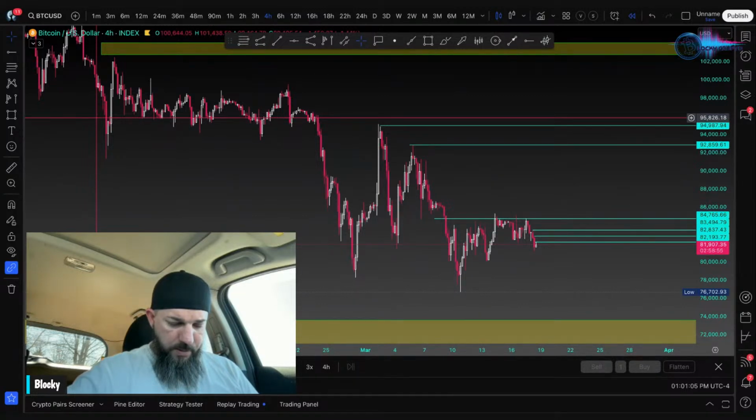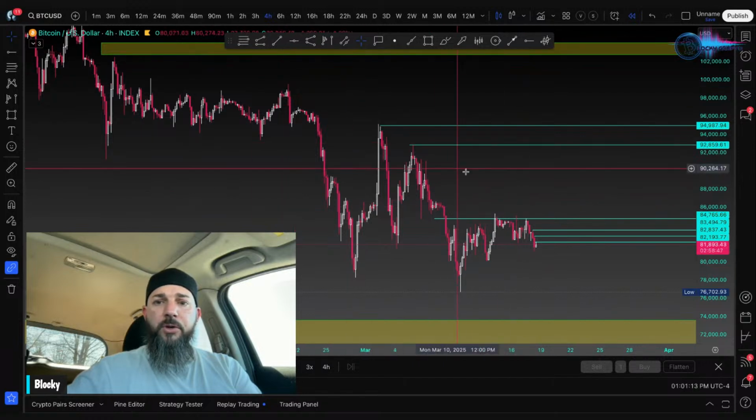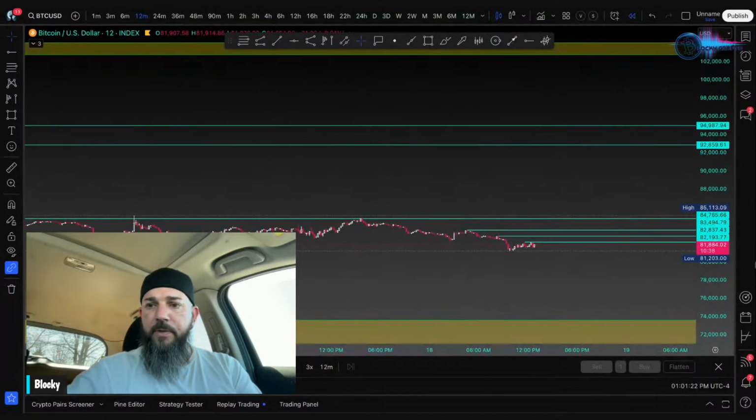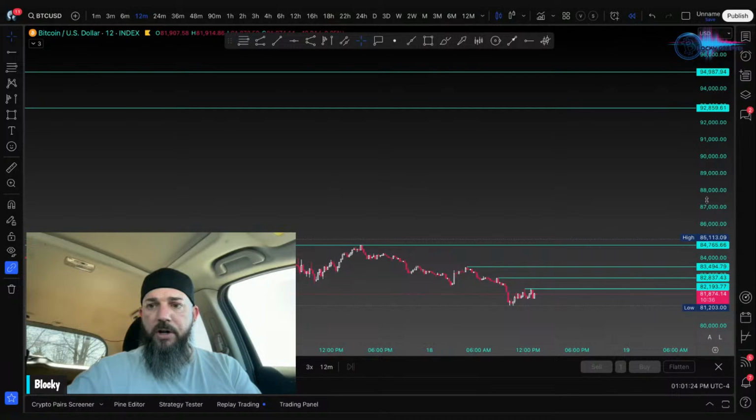Since liquidity is created both above and below, is there a way to have a higher probability of knowing that the price is going to, other than market structure? No. So right here, if I come to the 4 hour, I'm looking, okay, which way is the market going to go? I would come down to a lower time frame and wait for some type of market structure change.